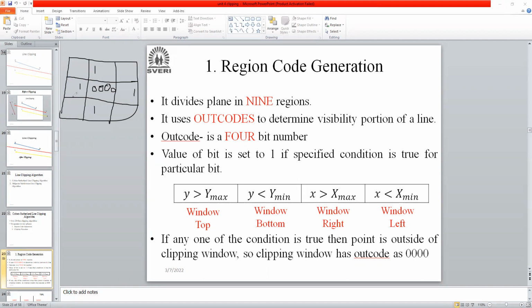So this is your X min, because these 2 points are your bottom left corner, or bottom left and top right corner. So it will specify the maximum and minimum X and Y values for this particular region. So I will have here X min value.